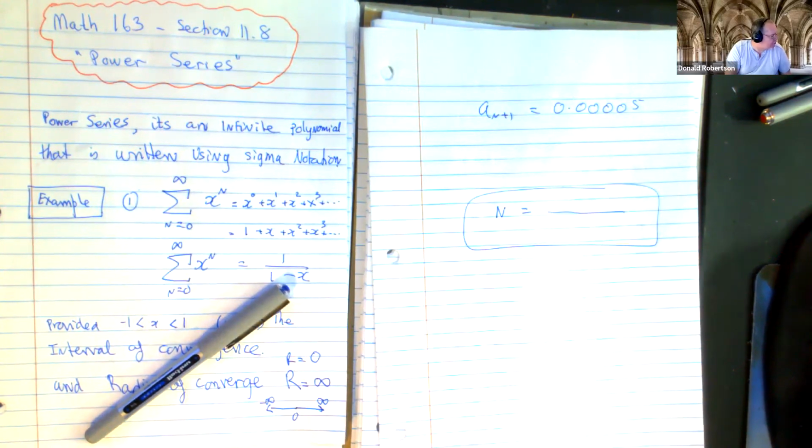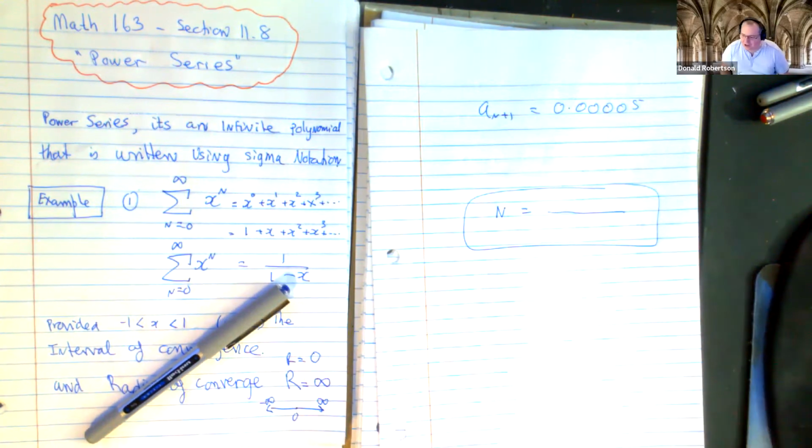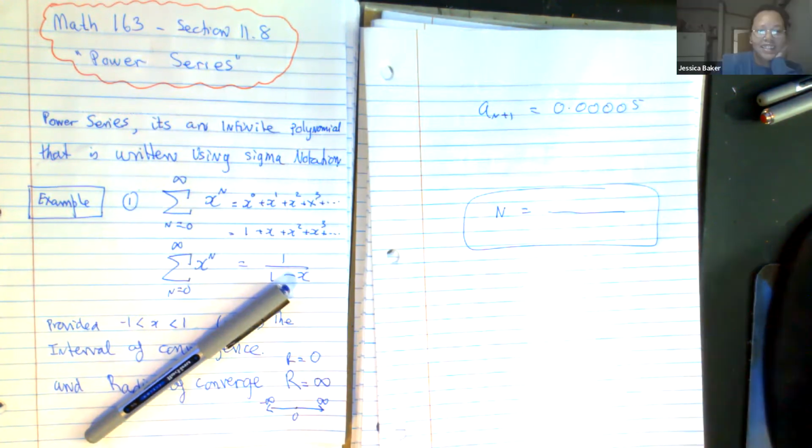Okay, 163. Let's go into score view. And useless piece of information for you, but do you know that your last name is my mum's maiden name? Oh, really? Yeah.